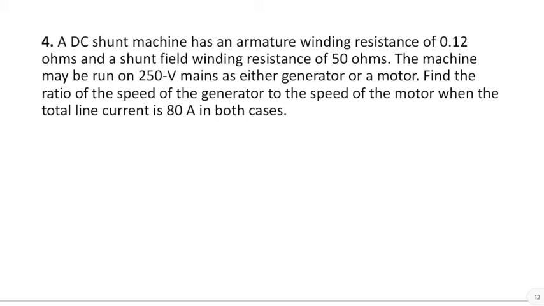The machine may be run on 250 volt mains as either generator or a motor. So find the ratio of the speed of the generator to the speed of the motor when the total line current is 80 ampere in both cases.